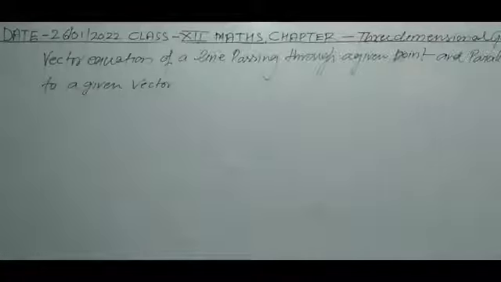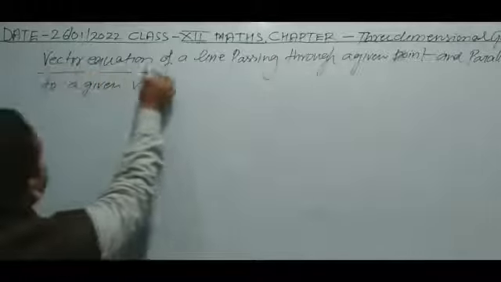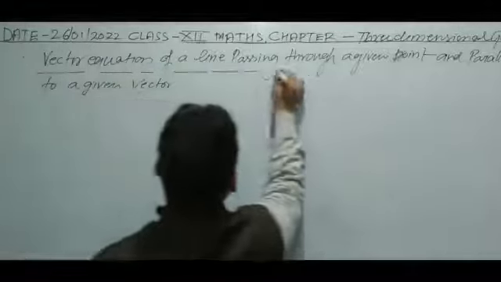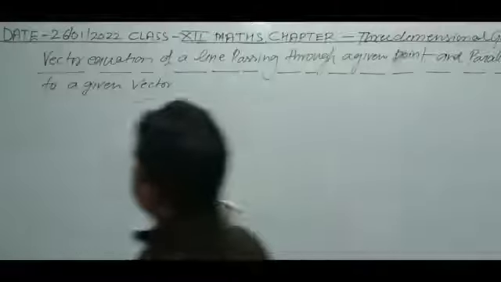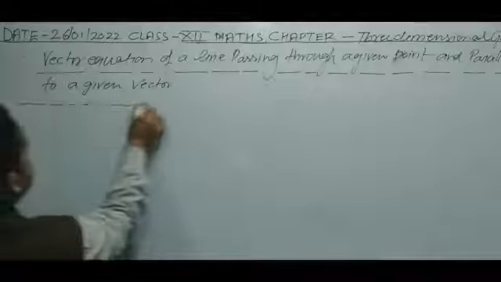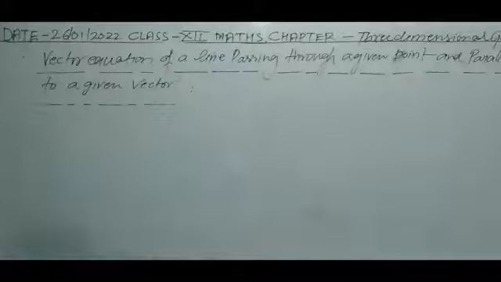Now this is the statement: vector equation of a line passing through a given point and parallel to the given vector.